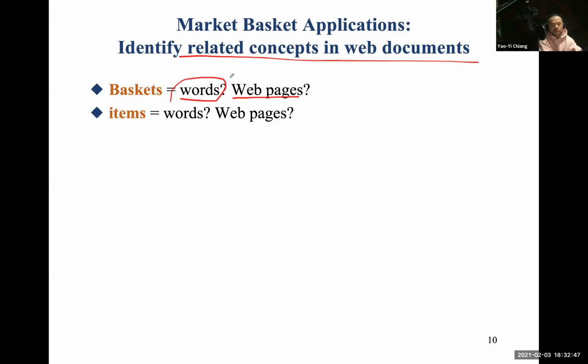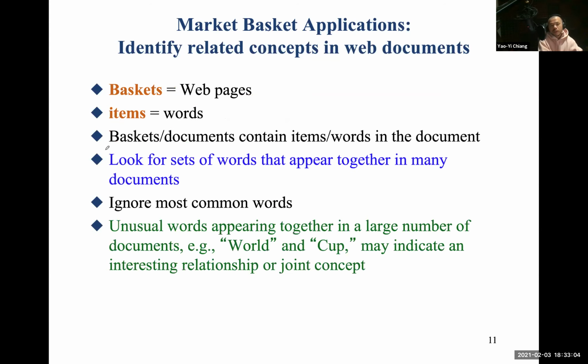All right, related concepts. These are the relations that you want to identify, and your algorithm will identify relations between items. So your words should be items. Your baskets should be your web pages.